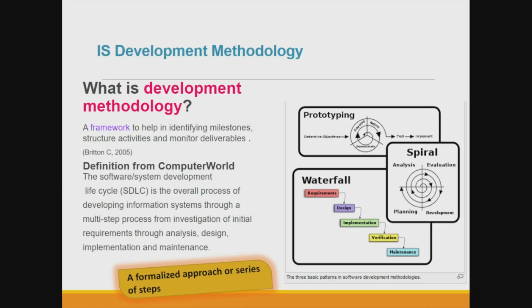Okay. So you can look at the figure on the right side. We have spiral, waterfall, and then the prototyping. So these are the basic patterns in the software development methodology, the types of framework or methodology that we can use when we want to develop a business information system.